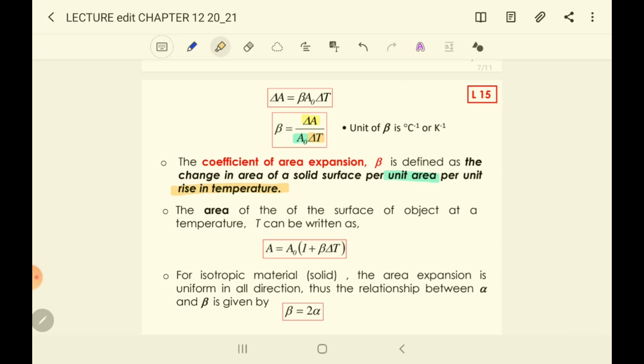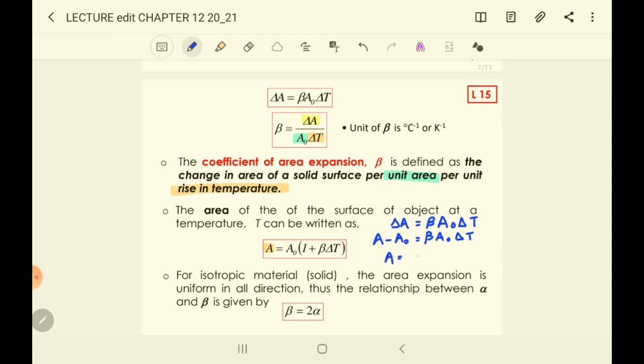So the area of the surface of the object at temperature T, or the final area A at temperature T, can be written as A is equal to A0 (1 plus beta delta T). So let's say we have delta A is equal to beta A naught delta T. So delta A is A final minus A initial equal to beta A naught delta T. Now we bring A naught to the other side.